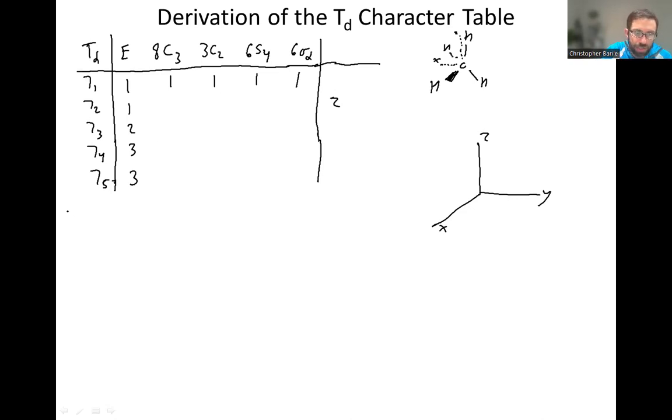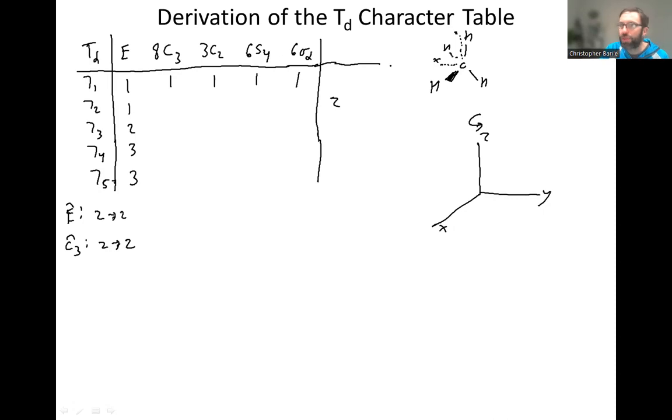Okay, so at this point, what we can do is think about the first operation. Well, how do we usually do this, right? We say, hey, identity is the first operation in the identity class, the only operation in the identity class. What does that do to z? It takes z to z. Okay, that's not very interesting. What does a C3, okay, do to z? And so at this point, if we define our z as our principal rotation axis, right, one of our C3s goes through here.